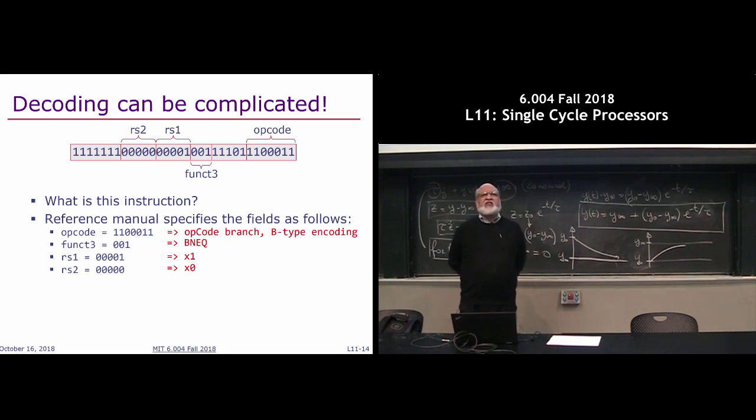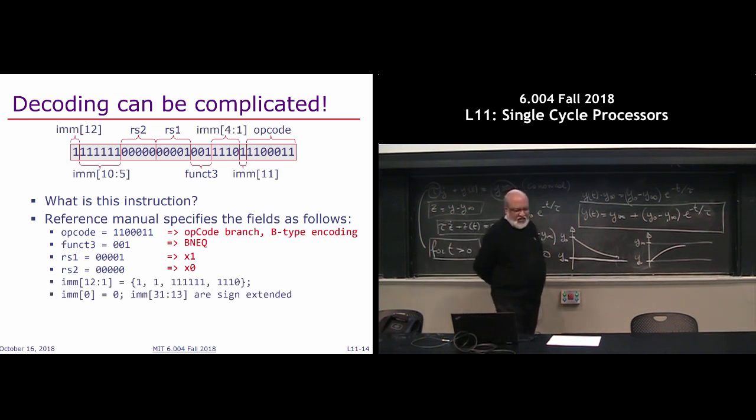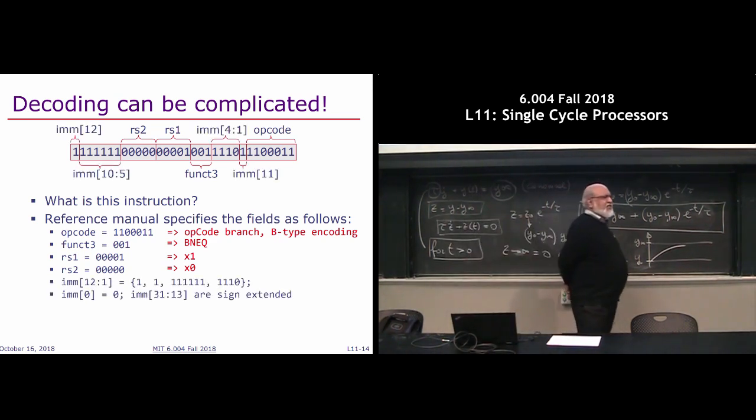Are you all with me so far? So the only thing left to specify now is, what should I do if this is true? If the comparison is true, I want to jump somewhere. That means I need to compute an address where to jump to. And where is that address coming from? That is also encoded here as an immediate operand. And this is going to do a number on you.